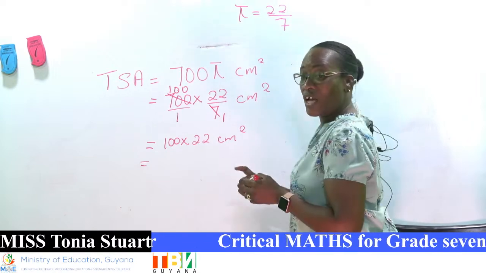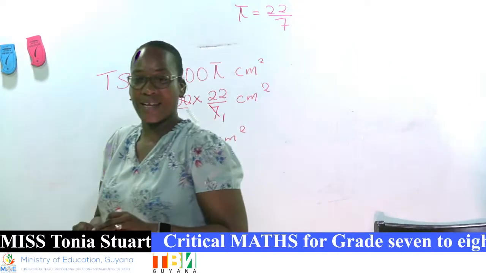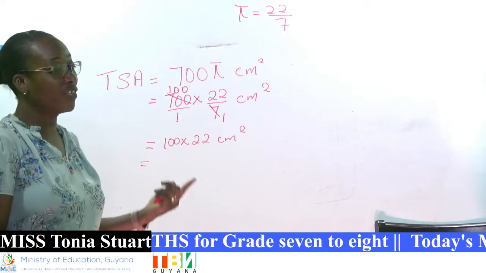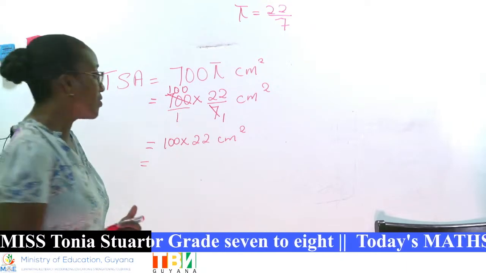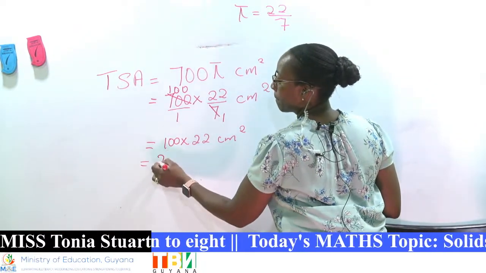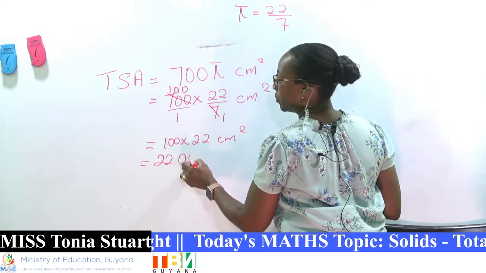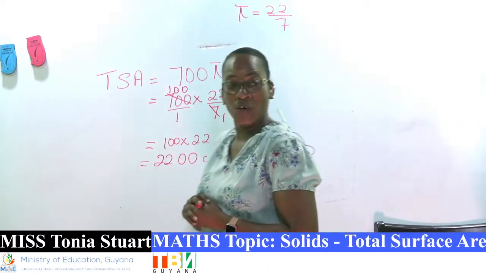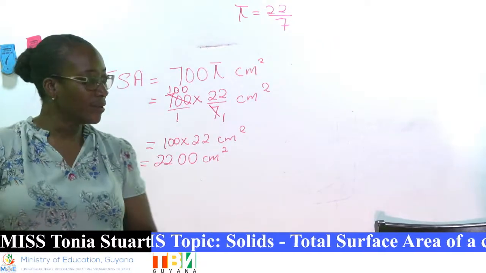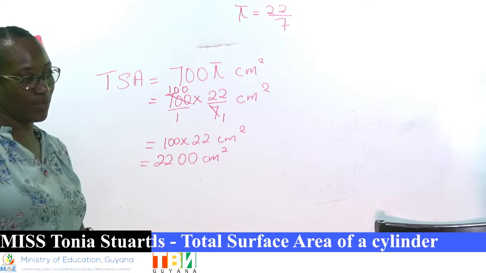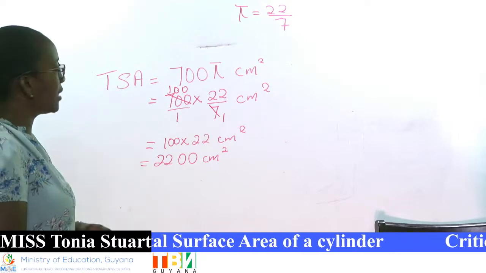So remember just now when we multiplied by 10, what did we do? We add a 0. So if we multiply by 100, we add 2 zeros. So all I need is the other number and add 2 zeros to it. So now we would have completed solving for the total surface area of this cylinder.